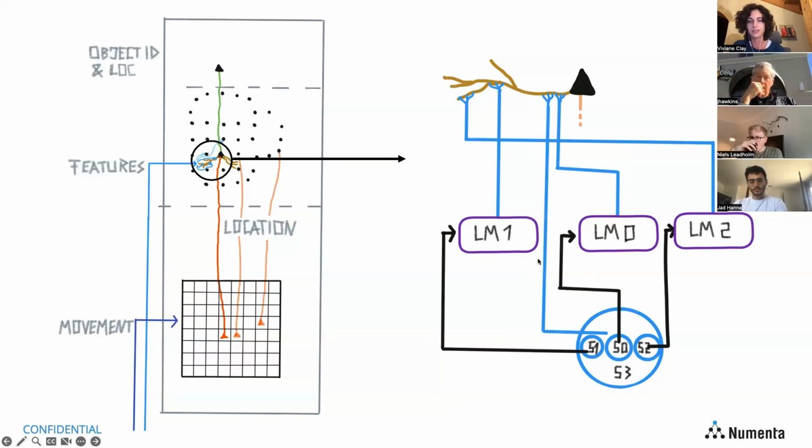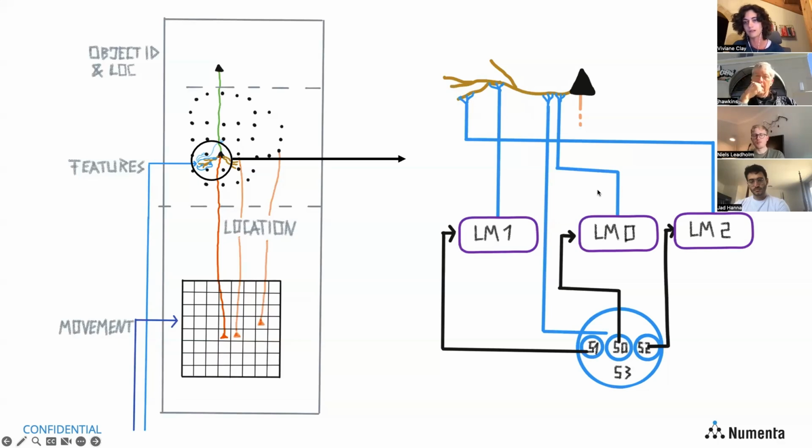Yeah. So in this example, the raw sensory input that goes in here is the features. Everything that goes onto this dendrite is coming in from the side as the features. Basically LM0, which is at the center of this receptive field, attaches to the dendrite closer to the soma, while LM1 and LM2, which are more on the outside of the receptive field, attach further out on the dendritic branch.